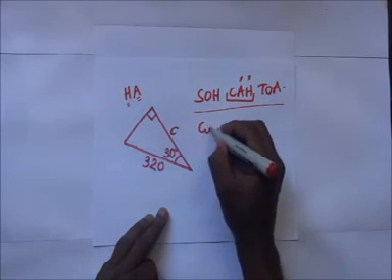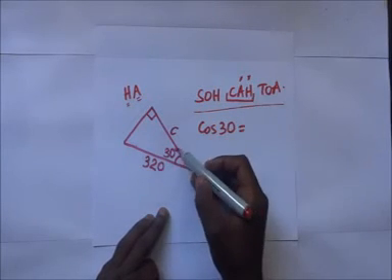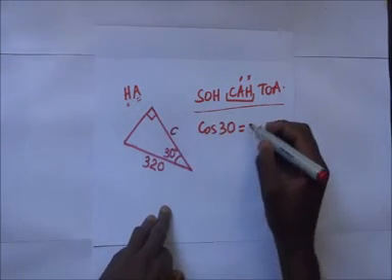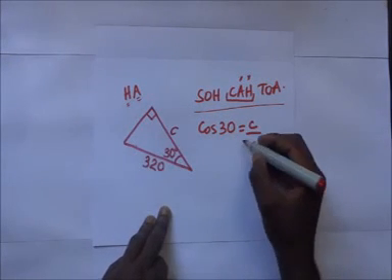So we shall say cosine of 30 is going to be equal to adjacent, which is C, over the hypotenuse, which is 320.